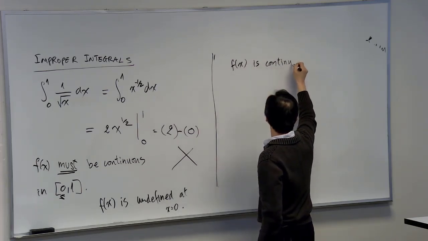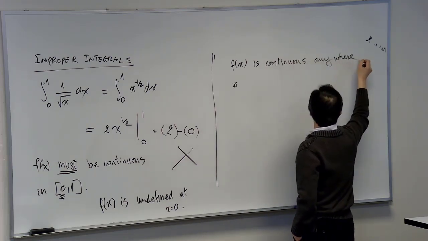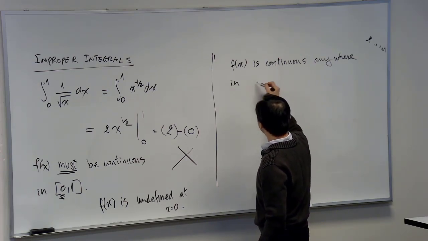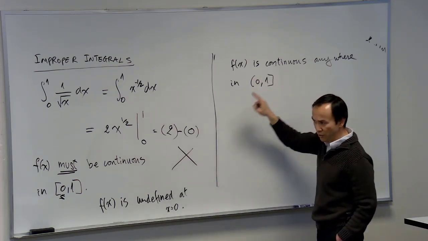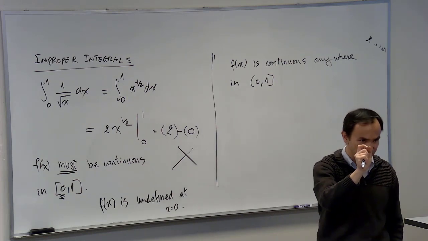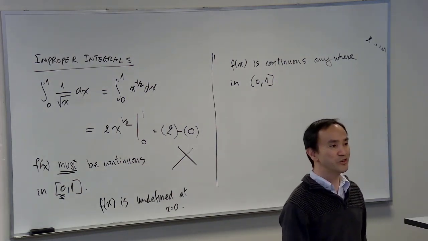The function is continuous anywhere in the interval from anywhere above 0 to 1. You see, this half-open interval is different. With any value in there, the function is defined and continuous, but it's just not at 0. See that situation right there?